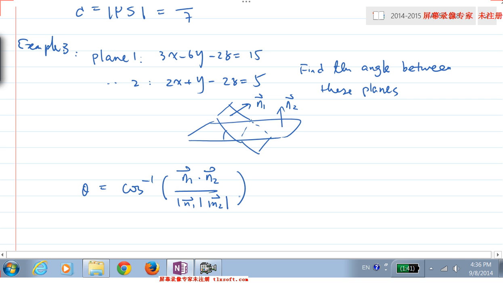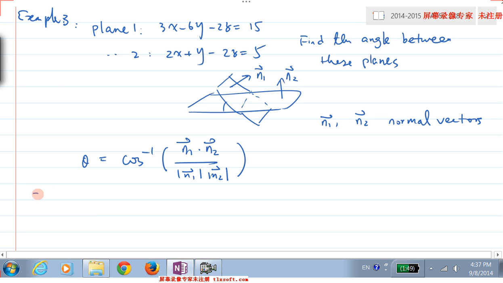So that's basically the alternative approach to finding the angle between two planes, based on the two normal vectors. So you can try to calculate this one here. It's pretty straightforward.